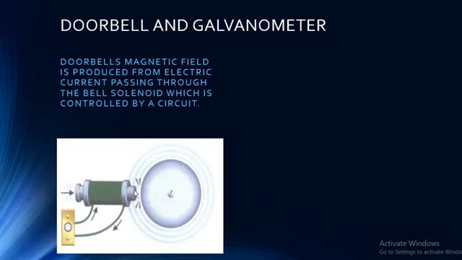Inside it, this is the iron that we talked about, and this is the circuit. When we close this circuit, the electric current passes inside the coil, so by force the iron is moved, so it hits the bell.